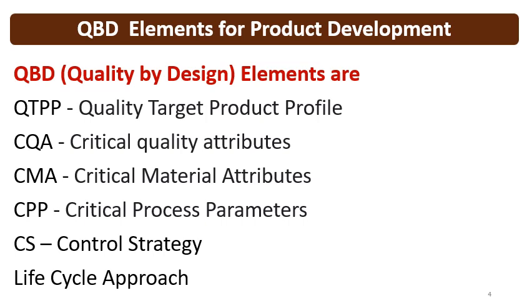QTPP is the quality target product profile, CQA is critical quality attributes, CMA is critical material attributes, CPP is critical process parameters, and CS is the control strategy. After this, once the product is in production or commercially launched, it involves the lifecycle approach for continuous improvement and change.